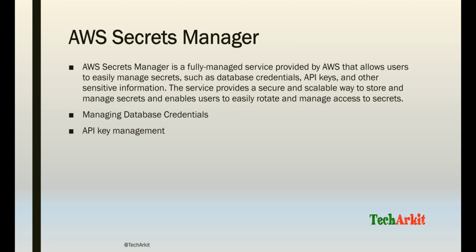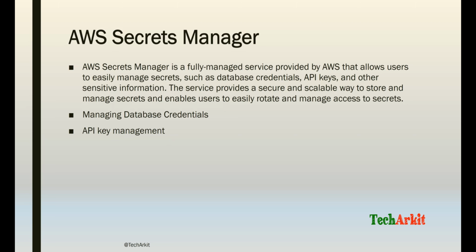Managing database credentials is possible using AWS Secrets Manager. For example, the database is key to any organization where they store critical data, right? Say the database credentials, the username and passwords, enable the application to secure access to databases without hard coding the credentials. So don't hard code credentials anywhere. You can use Secrets Manager to call those credentials.